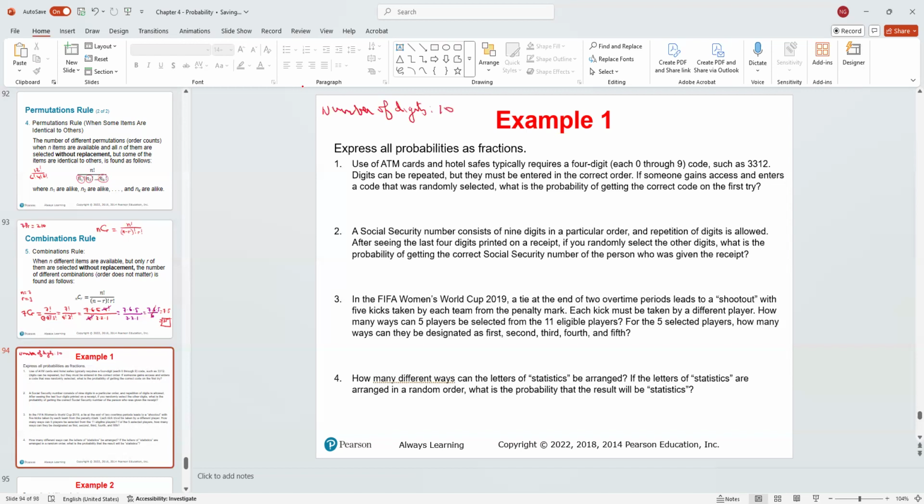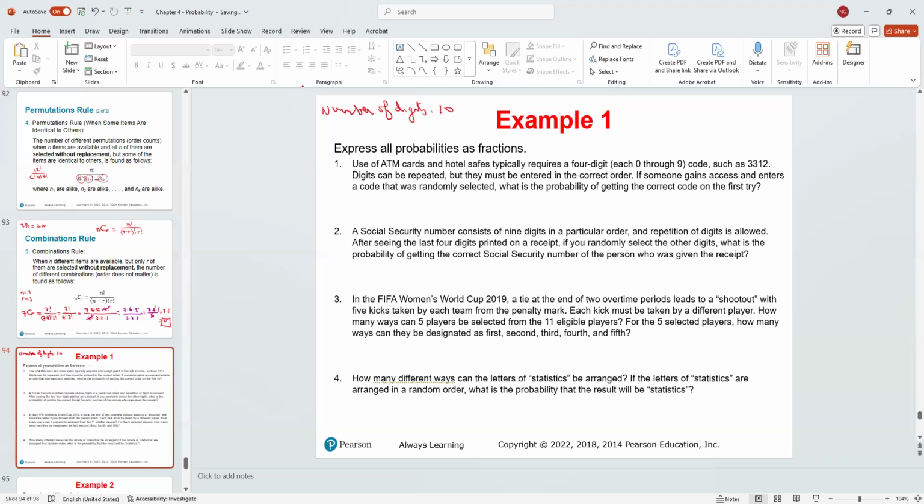Such codes like 3, 2, 1, 2. You see, you can have repeated digits. Digits can be repeated, but they must be entered in the correct order. If someone gains access and enters a code that was randomly selected, what is the probability of getting the correct code on the first try?